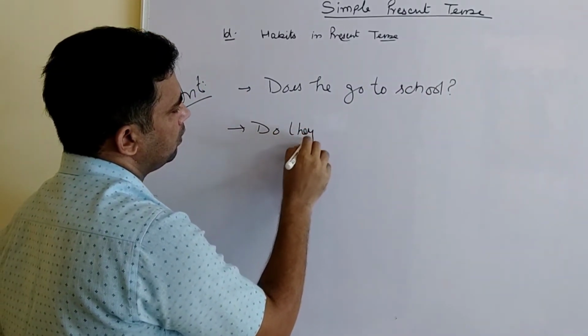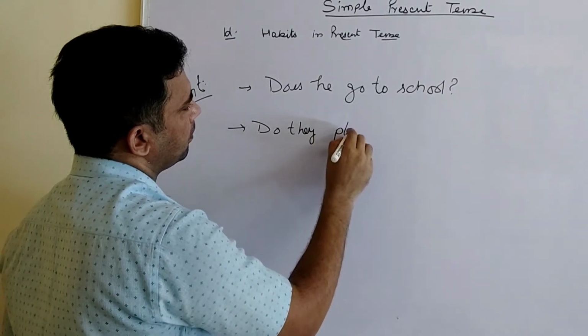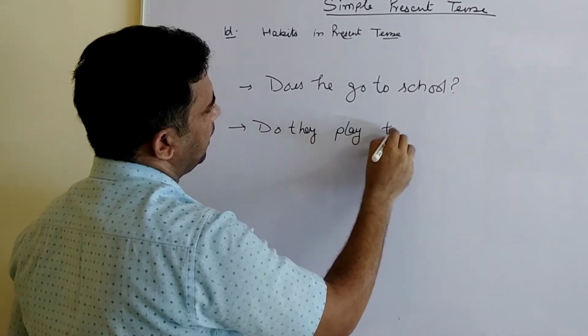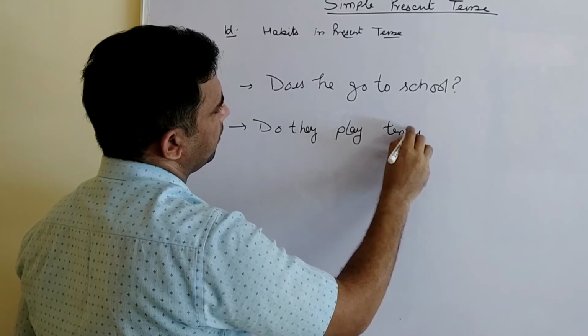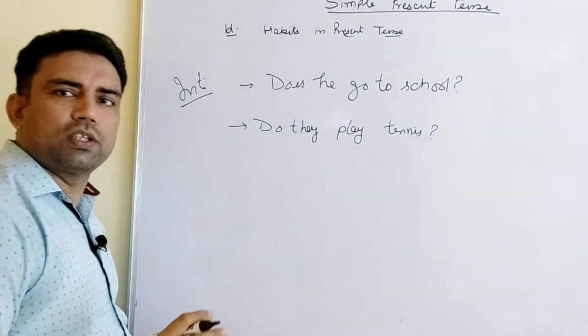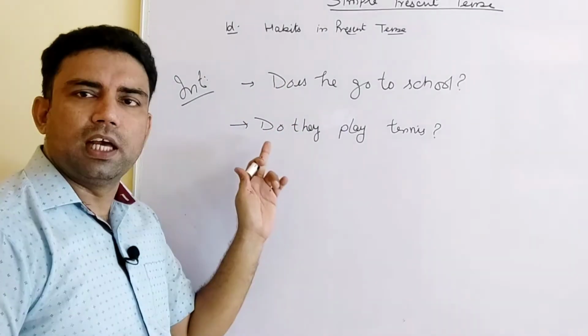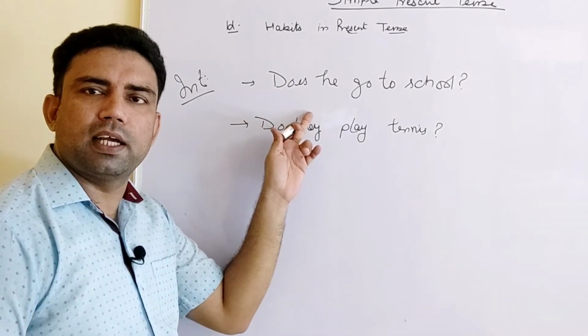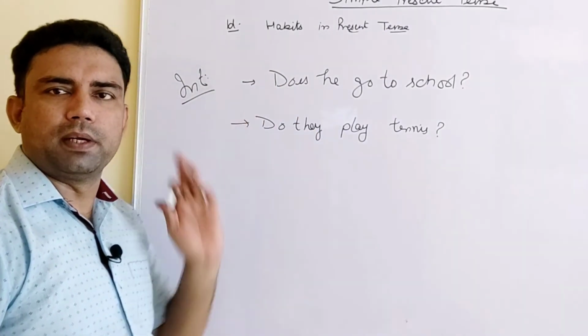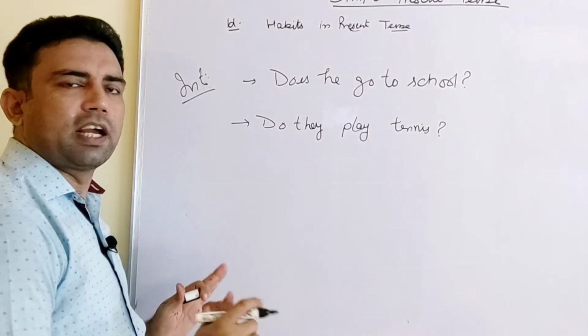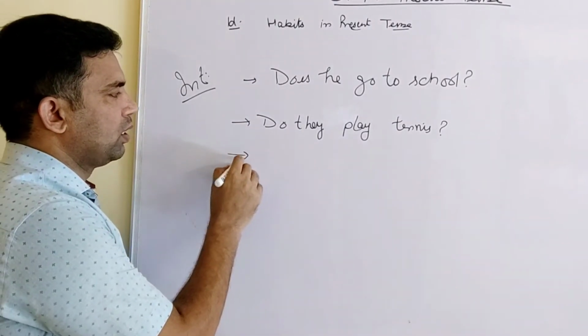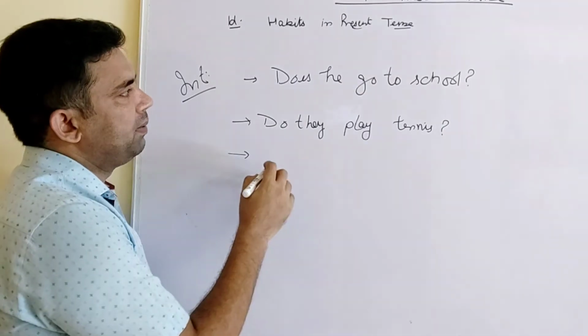Do they play tennis? What I have done, I have not done anything else. I have just taken the helping verb out. The helping verb which was used inside, I have taken to the very beginning. Those are the only changes which I have made. If we have any WH word, that comes in the very beginning.